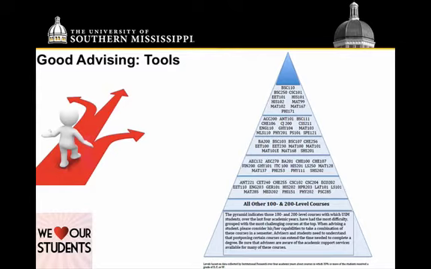There are a number of tools that we have at the university for helping you become a good advisor. This is the advising pyramid for the historically difficult courses, otherwise known as HDC courses. And you can see that the higher up on the pyramid you go, the more historically difficult, if you will, these courses can be.